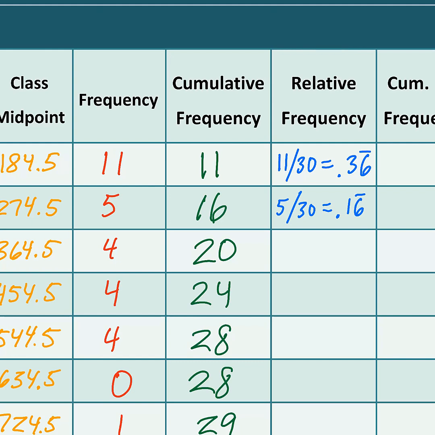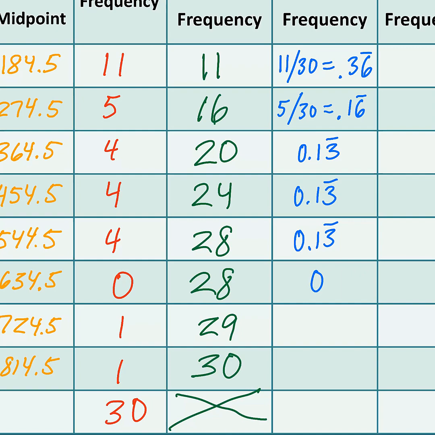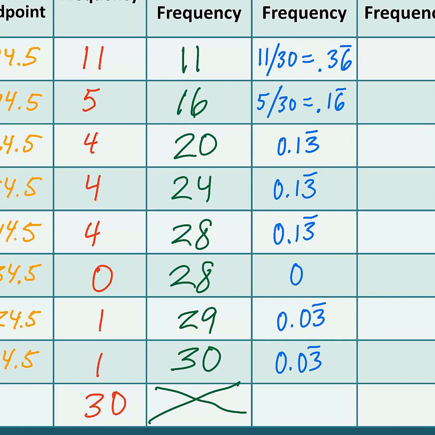Now at this point, I do believe we have had enough practice, so I invite you to pause the video and go ahead and fill out the rest of these. Once you have filled all these out, you'll notice that if you add up all these frequencies, you should end up with 1.